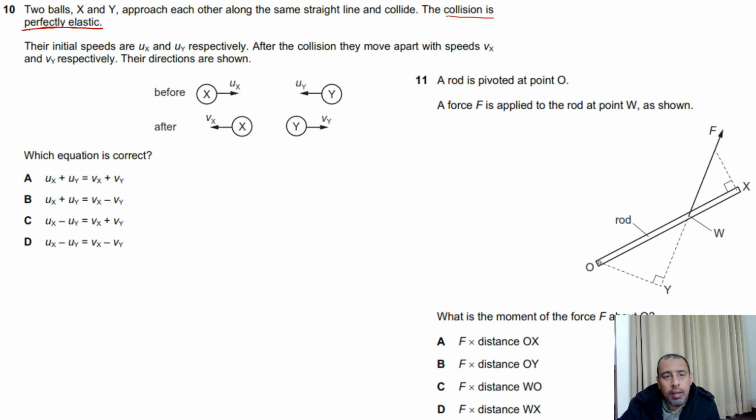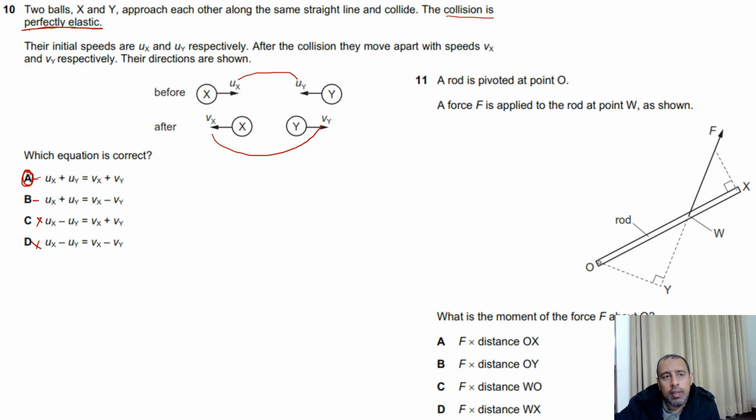And number two, the sum of approaching velocity is equal to the sum of separating velocity. So here, the sum of approaching velocity is the sum of ux and uy, this one and this one, and the sum of separating velocity is the sum of vx and vy. That's why option A is correct.